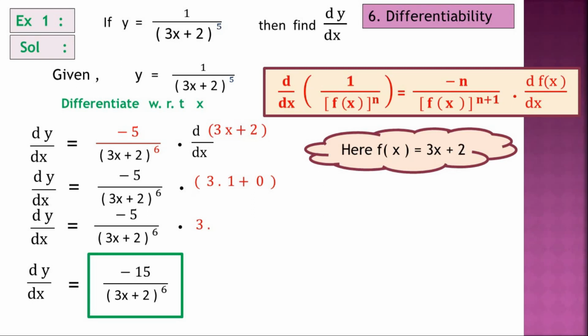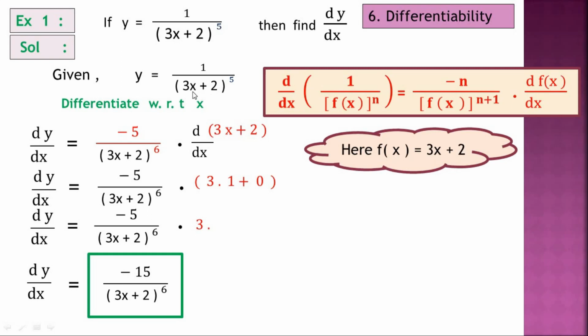So in this way, you have to follow the derivative of a function of the type 1 upon f of x raised to n. You can even skip these two steps and directly write the answer in the third step. First you follow this first part, and find d by dx of f of x in your mind and directly write it.